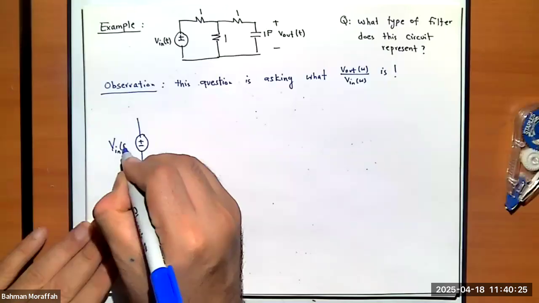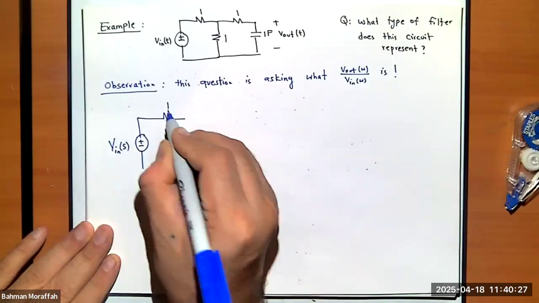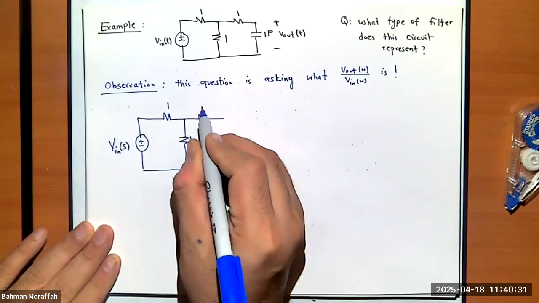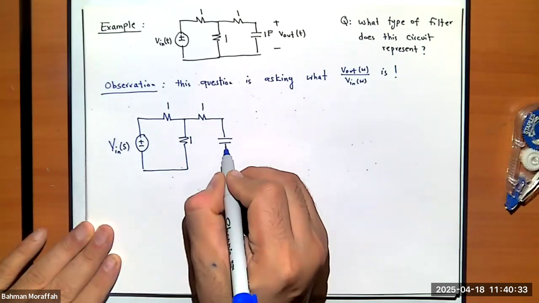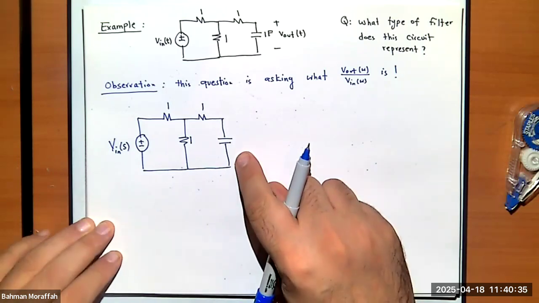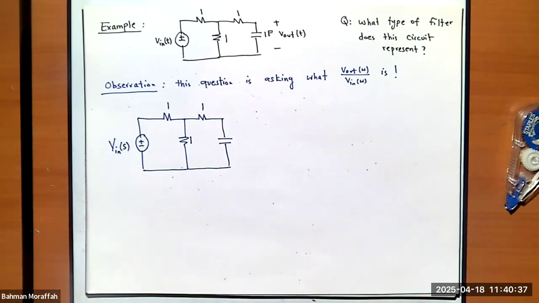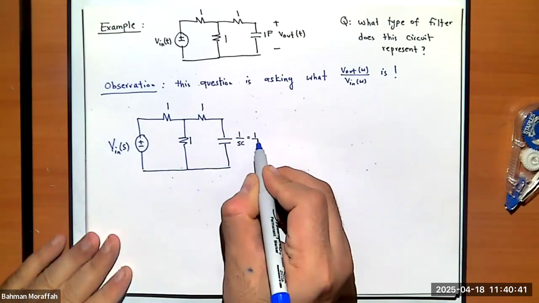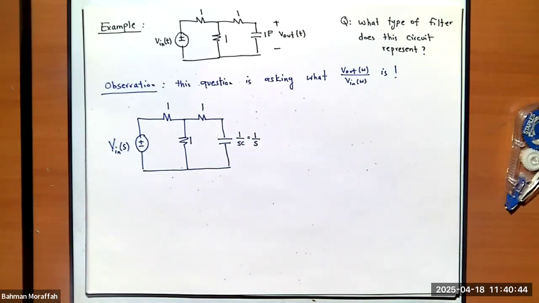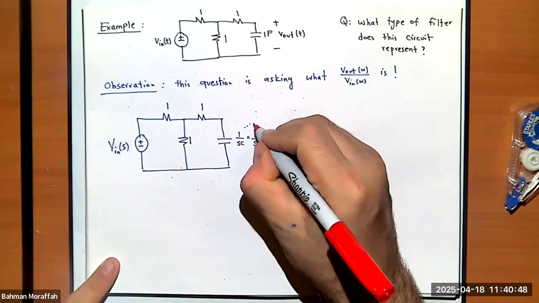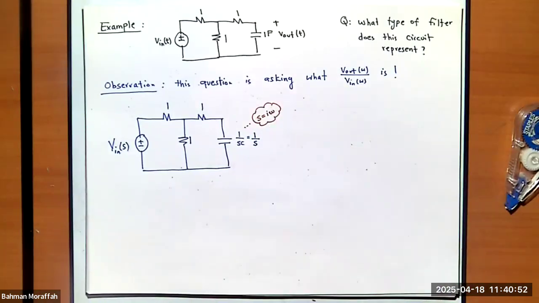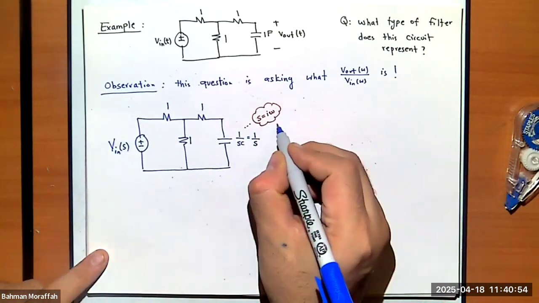This becomes V in of S. Resistors do not change, so the value remains the same. This capacitor becomes 1 over S, right? C is 1, so it's 1 over S, right? This is i omega. The question is, what is this V out?